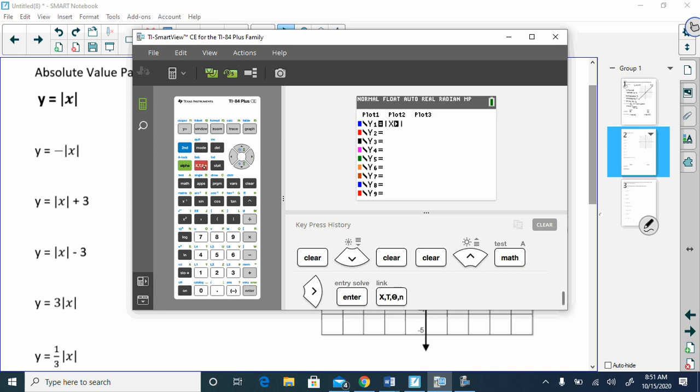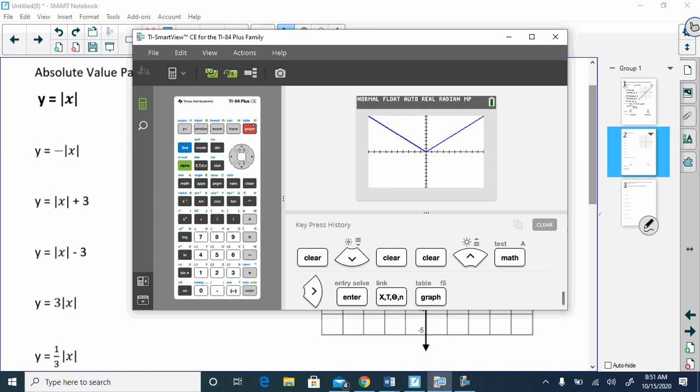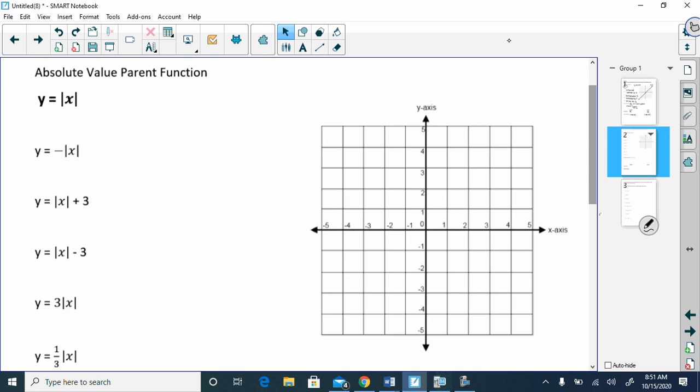Okay, and we're just talking about the parent function first. The absolute value of x. It makes that V shape, right? So we can see that it's going to start at 0, 0, which makes sense, right? Because there's no h and there's no k, so they must both be 0. And then our a is what tells us up and over. Nothing out there, must be 1.